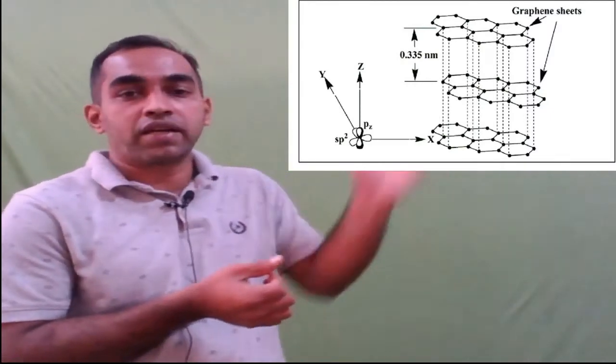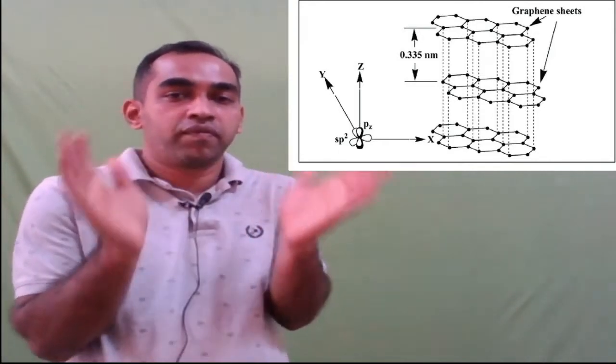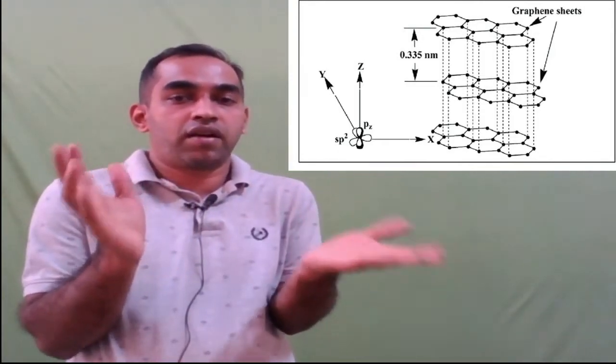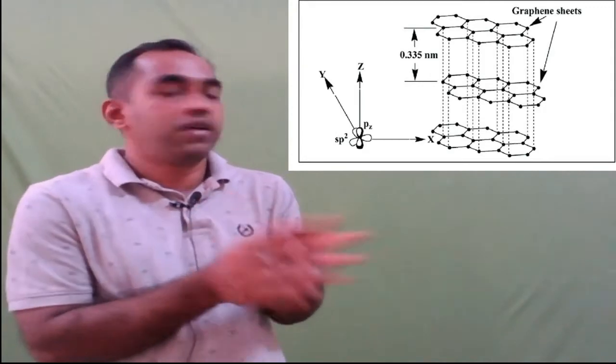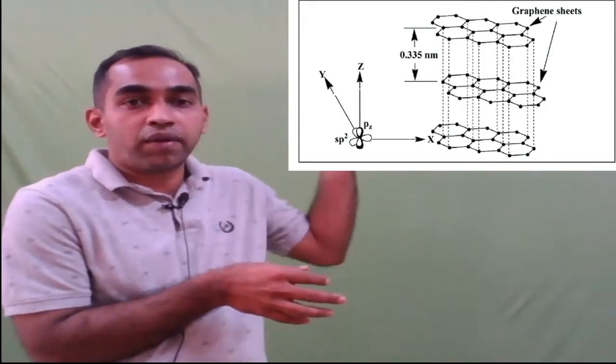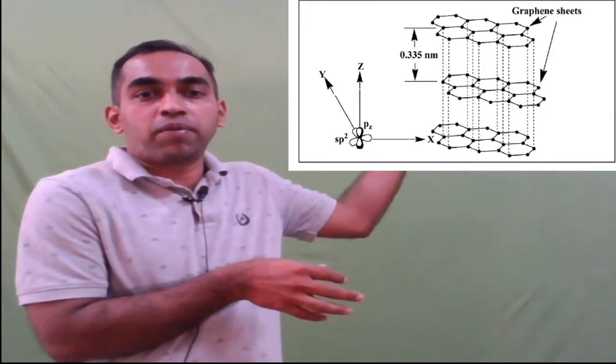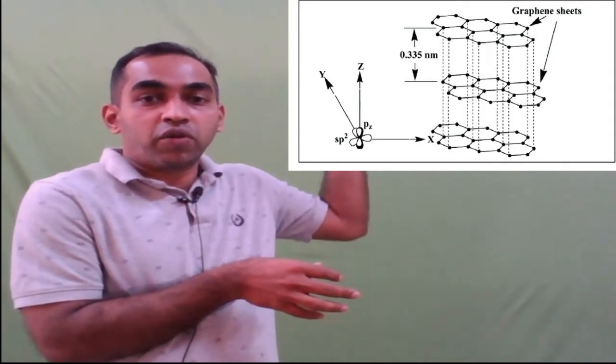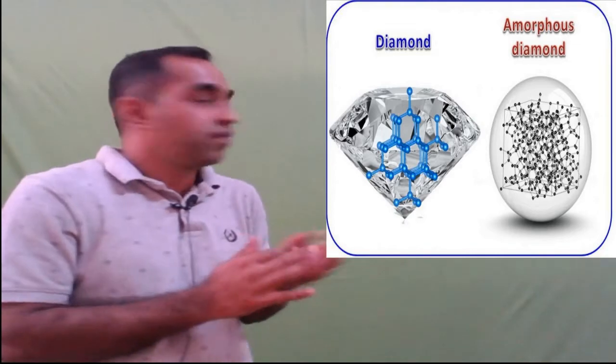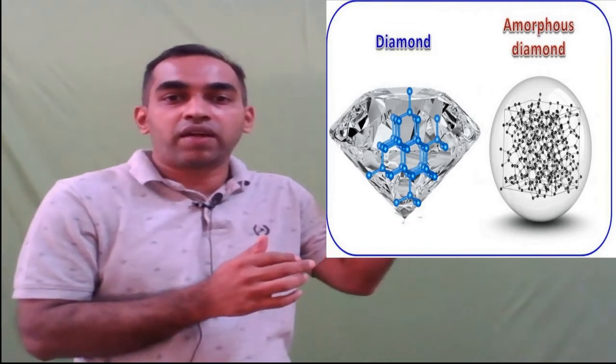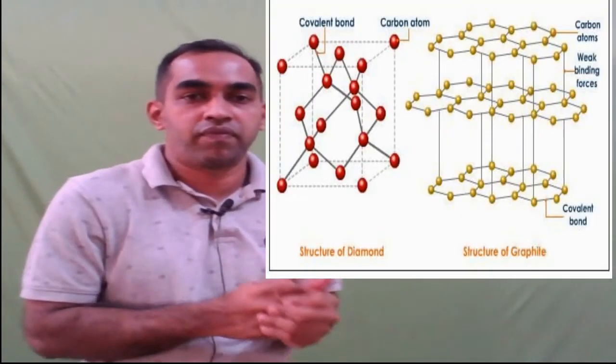It has all the characteristics, close to the bond length and so on. And remember, graphite is an allotrope of carbon. Notice this, diamond is sp3 hybridized carbon, but in graphite, carbons are sp2 hybridized.